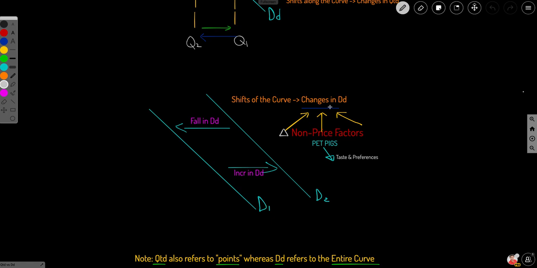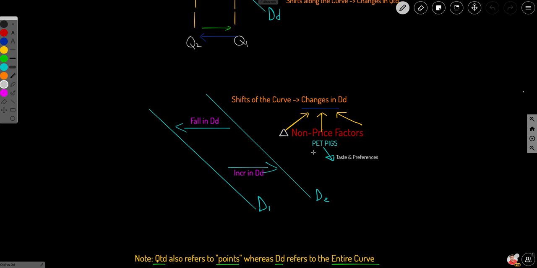And this happens when there's a change in non-price factors. Incidentally, I use this acronym PET-PICS for the non-price factors. For example, taste and preferences, that's what the T represents. So if there is a change in the taste and preferences for this particular good, it would lead to changes in demand.